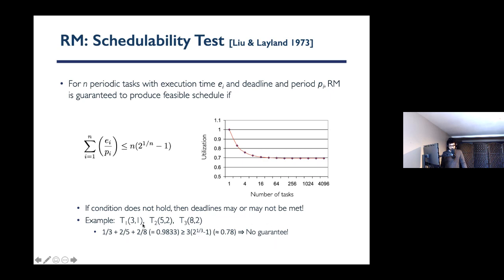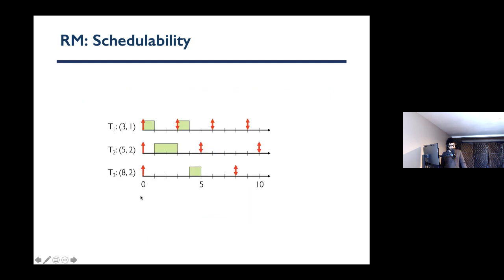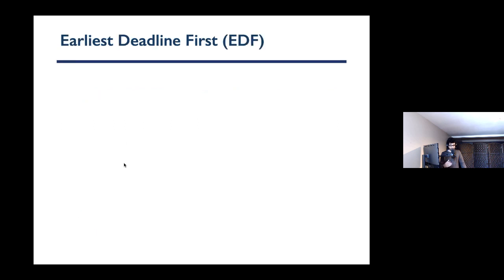However, is this the example that we saw where rate monotonic was able to meet the deadlines? Was it or wasn't it? Yeah, I think in this example, it wasn't, if I'm not mistaken. But you can come up with examples where the inequality doesn't hold, but you actually can schedule with rate monotonic.